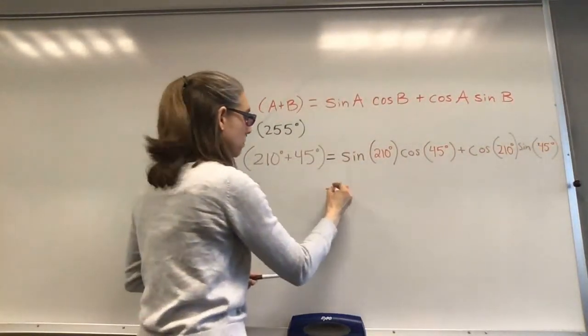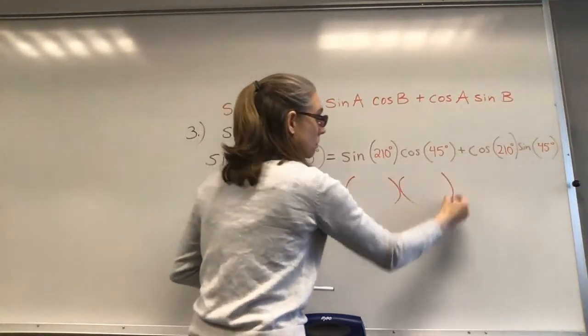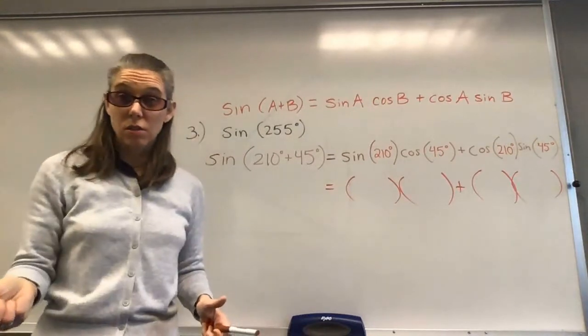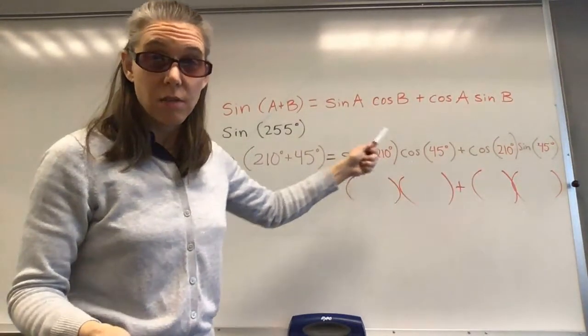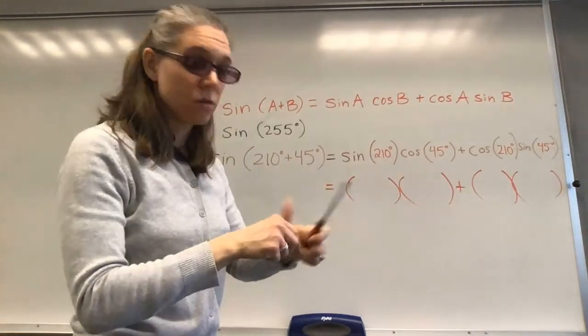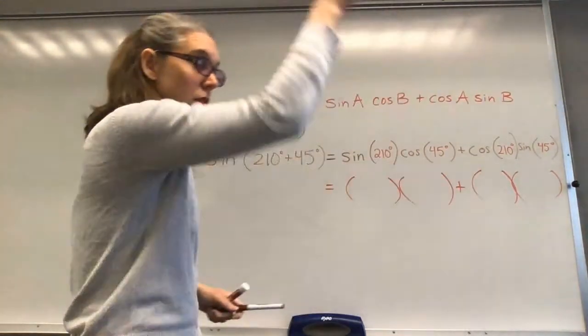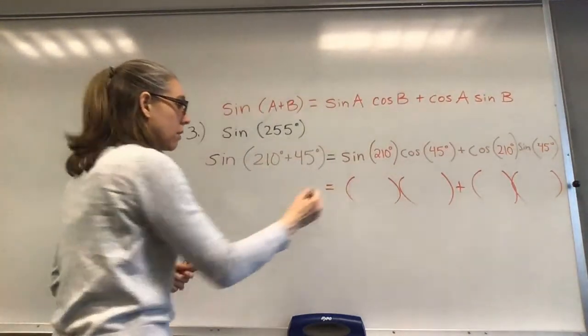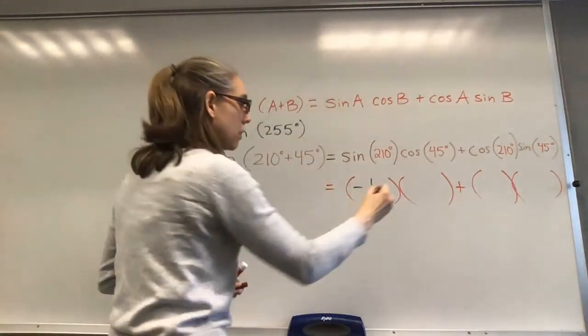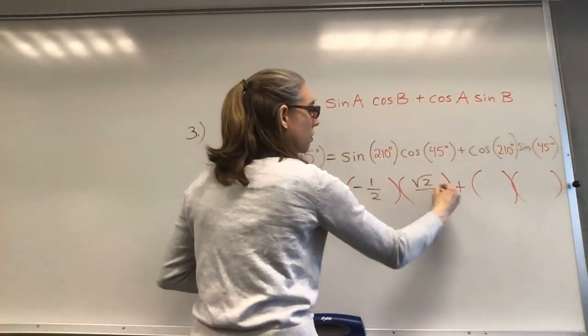Next, use the unit circle to replace each of these values with the value from the unit circle. So the sine of 210 degrees is -1/2. The cosine of 45 degrees is √2/2.